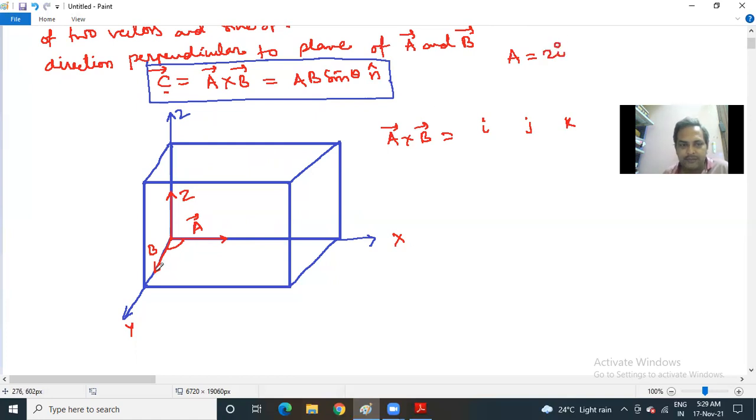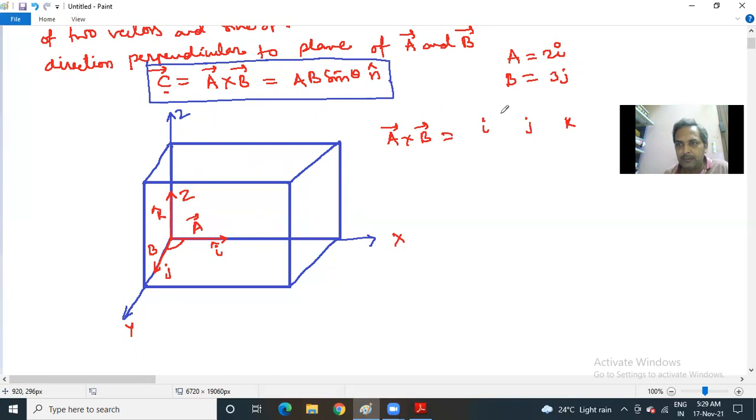Since vector B is falling on positive y-axis, you take this as 3j, because j is the unit vector parallel to y-axis, i is the unit vector parallel to x-axis, and k is the unit vector parallel to z-axis.